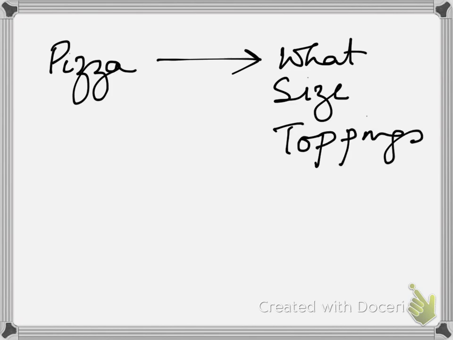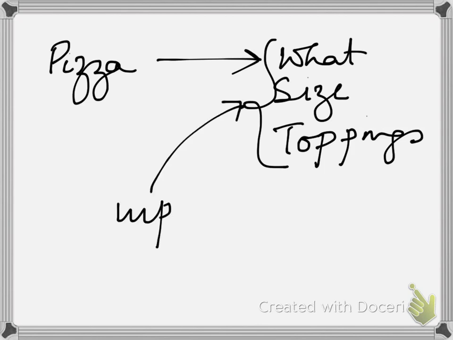All of these can be inputs to our method. Our method is pizza delivery, and for it I am specifying what pizza, what size, and what toppings I want. These are the inputs.